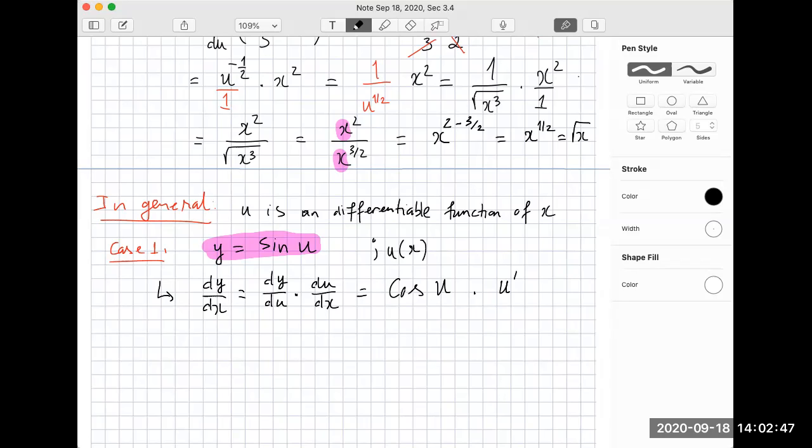So the chain rule for cosine function of u.